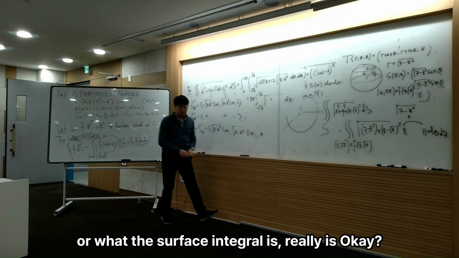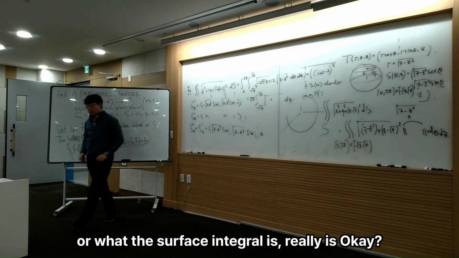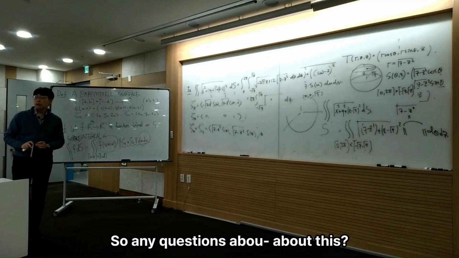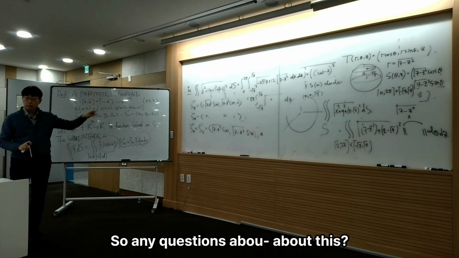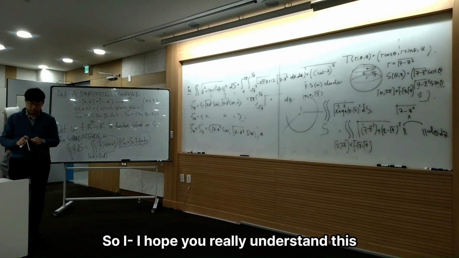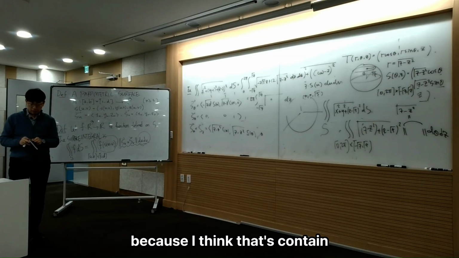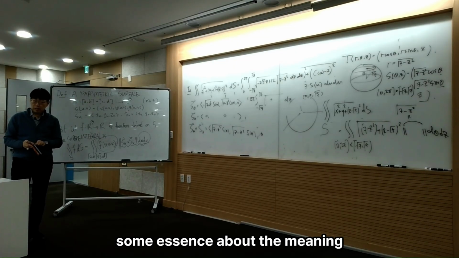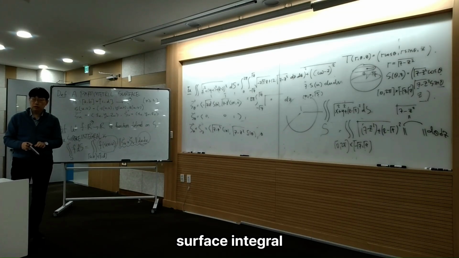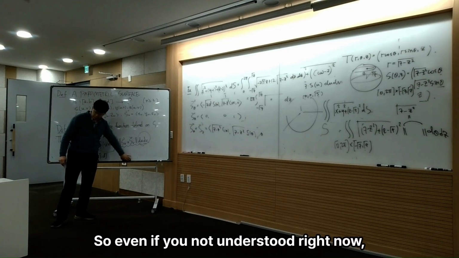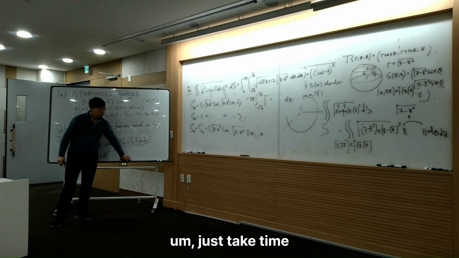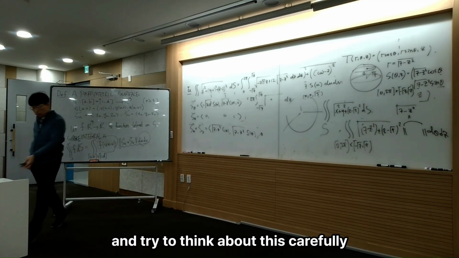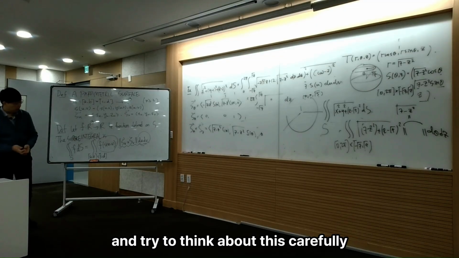Okay? So any questions about this? I hope you really understand this because I think it contains some essence about the meaning of the surface integral. Even if you don't understand right now, just take time and try to think about this carefully.